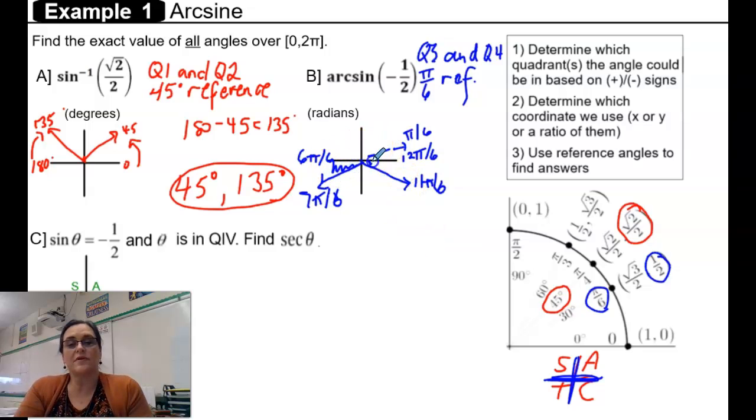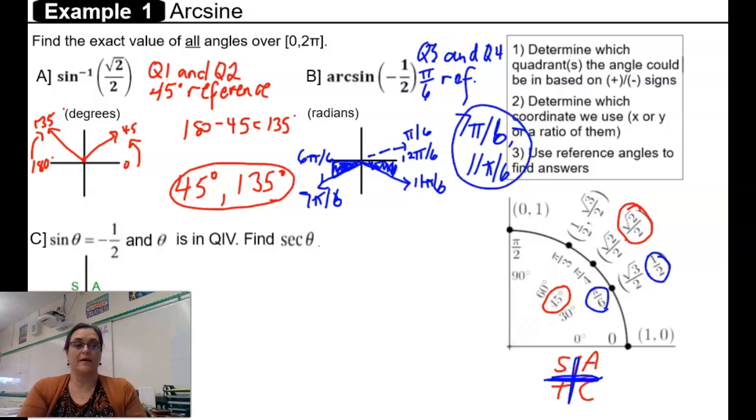My quadrant 3 angle, 7 pi over 6, and quadrant 4 angle of 11 pi over 6.